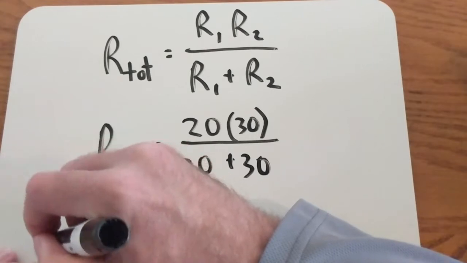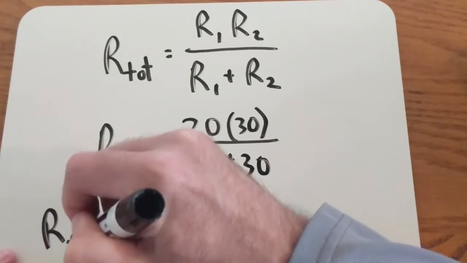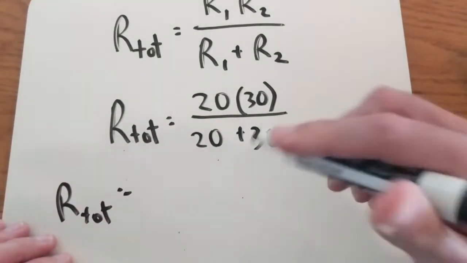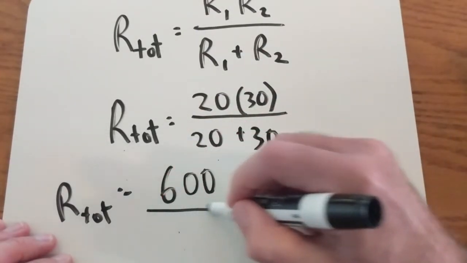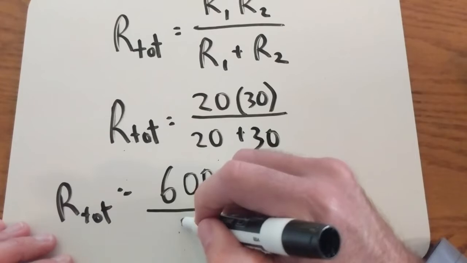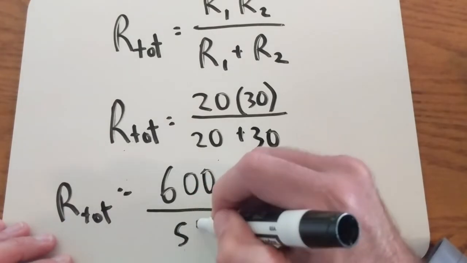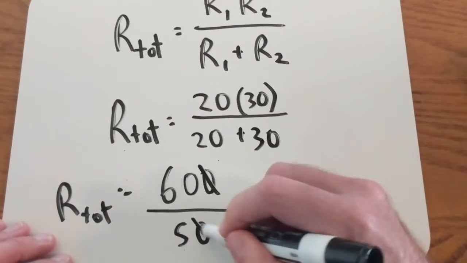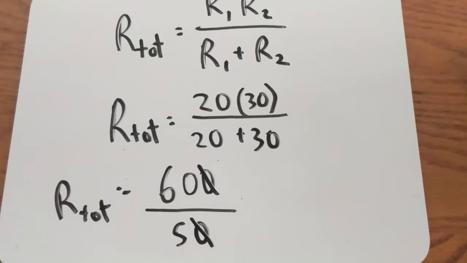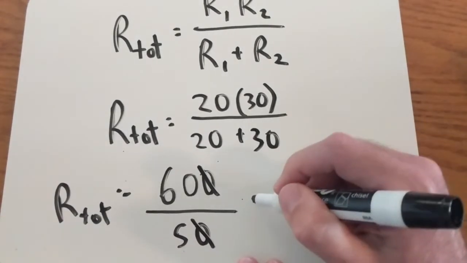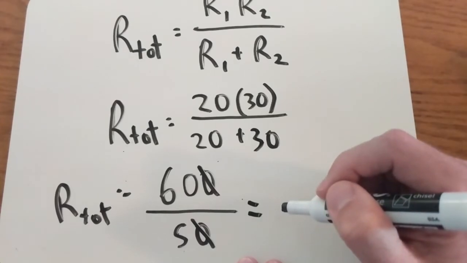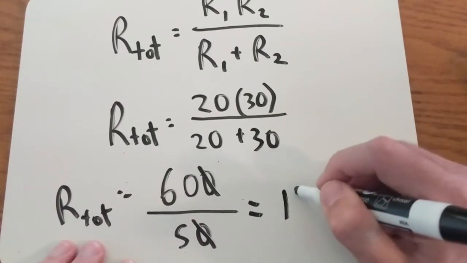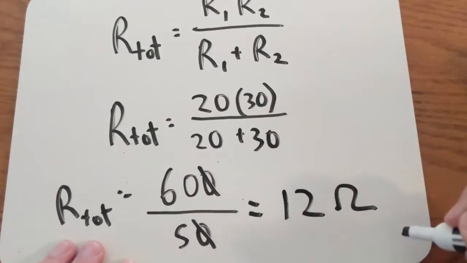And that means our R total, all right, equals 6 with 2 zeros on top over 50 on the bottom. We'll cancel out that 0, and 60 divided by 5, I believe, is 12 ohms.